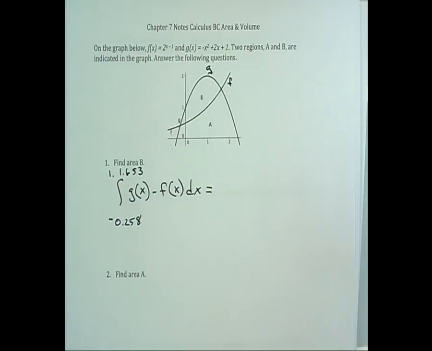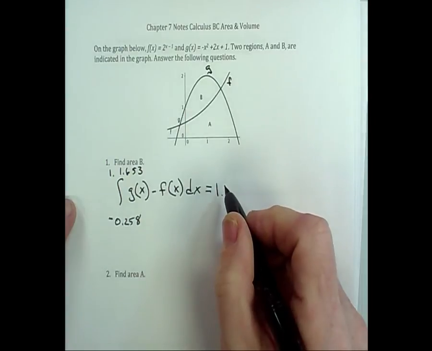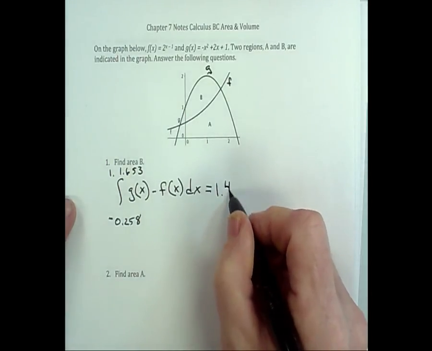And what do you get for an answer? Everybody knows how to do this on their calculator, right? 1.400. Yeah.